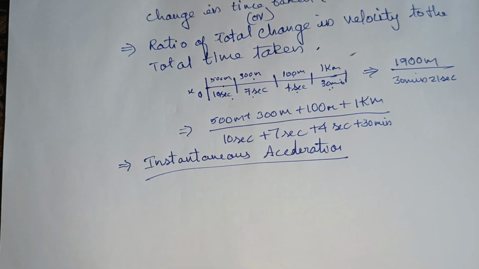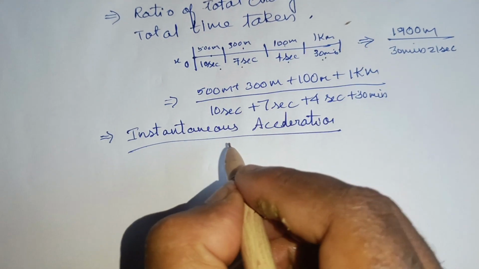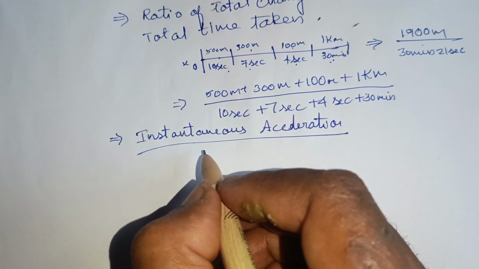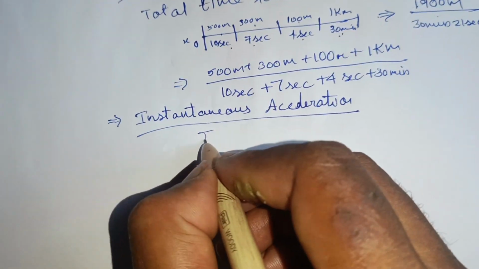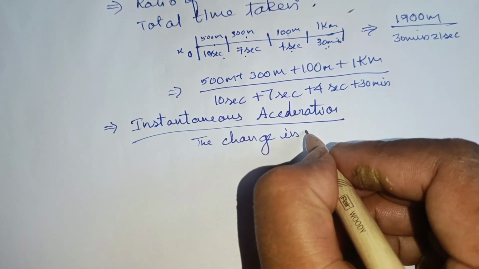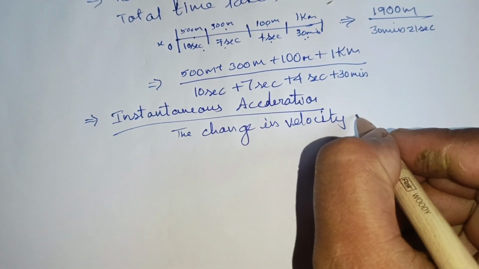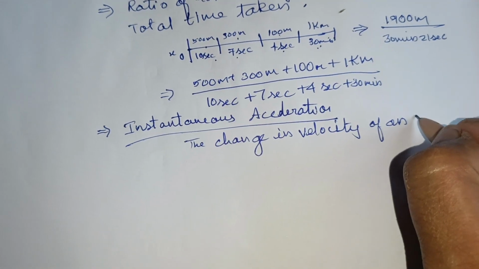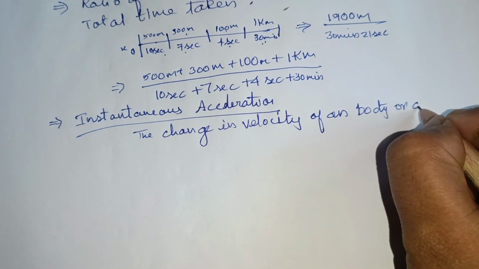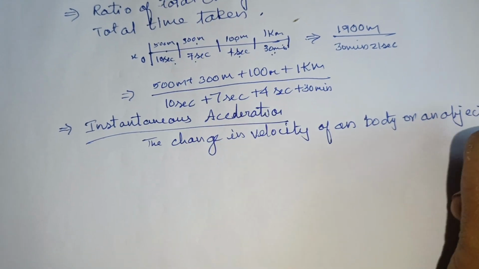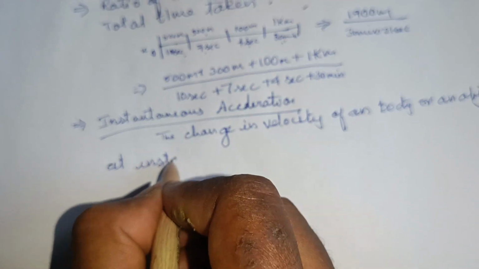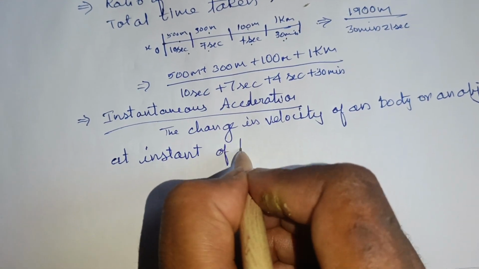The instantaneous acceleration is nothing but the change in velocity of a body or an object at that instant of time.